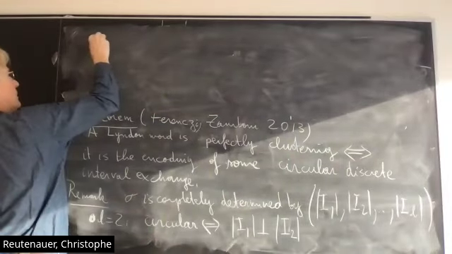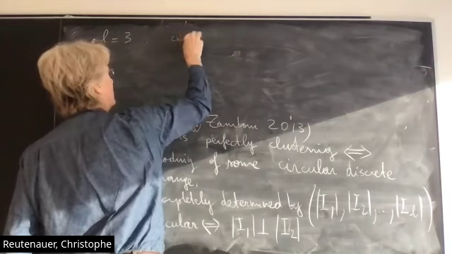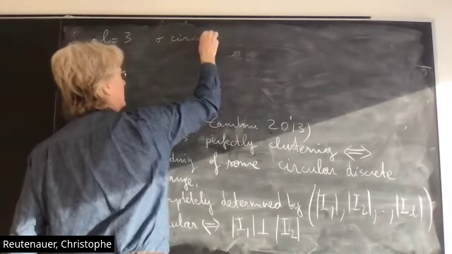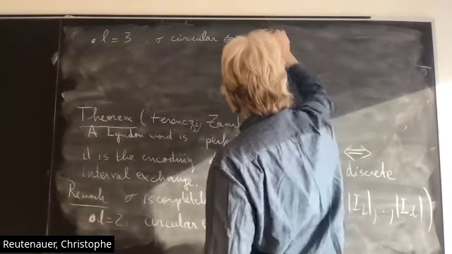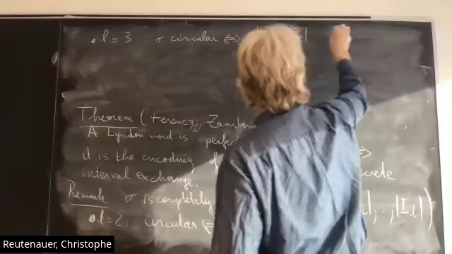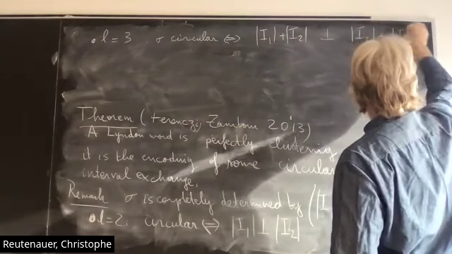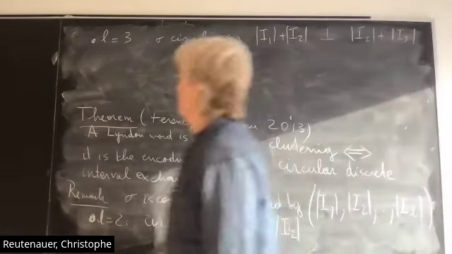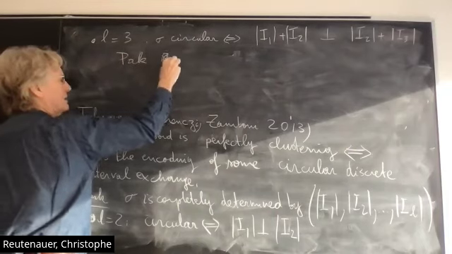When L equals 3, there is also a criterion: circular if and only if E1 plus E2 is relatively prime with E2 plus E3. And this was proved by Igor Pak and Redlich.